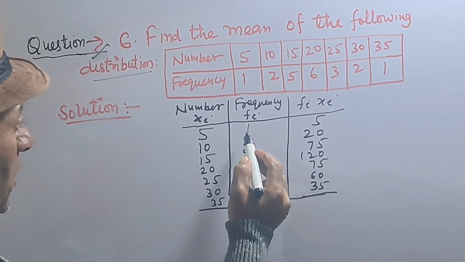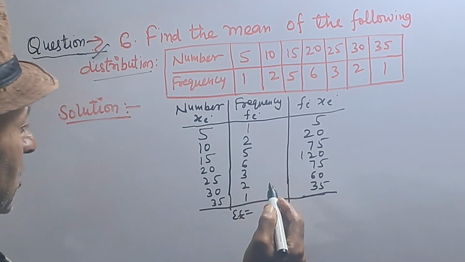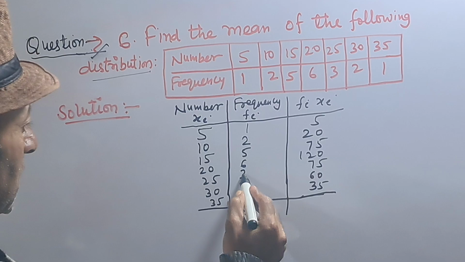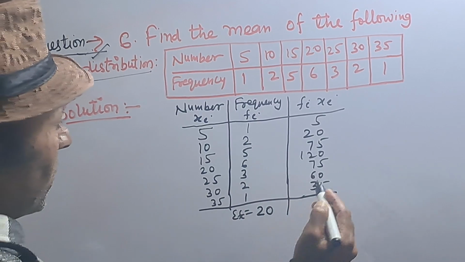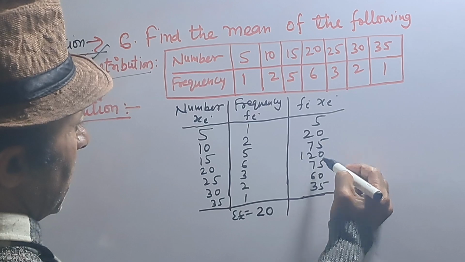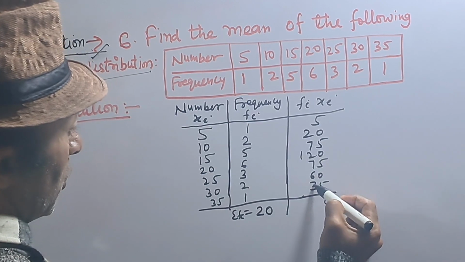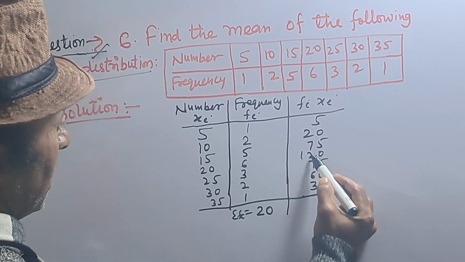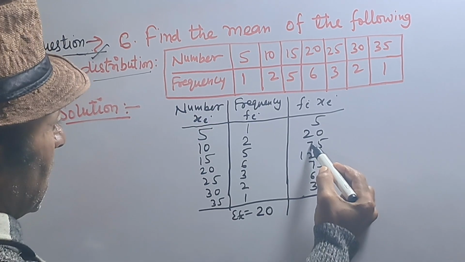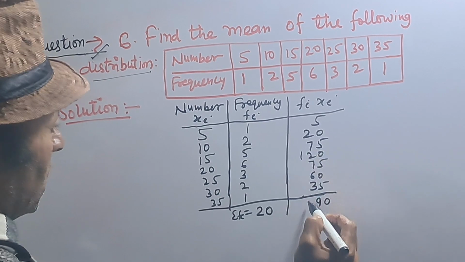And sum of frequencies: 1 plus 2, 3 plus 5, 8 plus 6, 14 plus 3, 17, 19 and 20. 5 plus 5, 10 plus 5, 15 plus 5, 20. 2 carry 2 plus 3, 5 plus 6, 11 plus 7, 18 plus 2, 20, 27 plus 2, 29. 2 plus 1, 3.